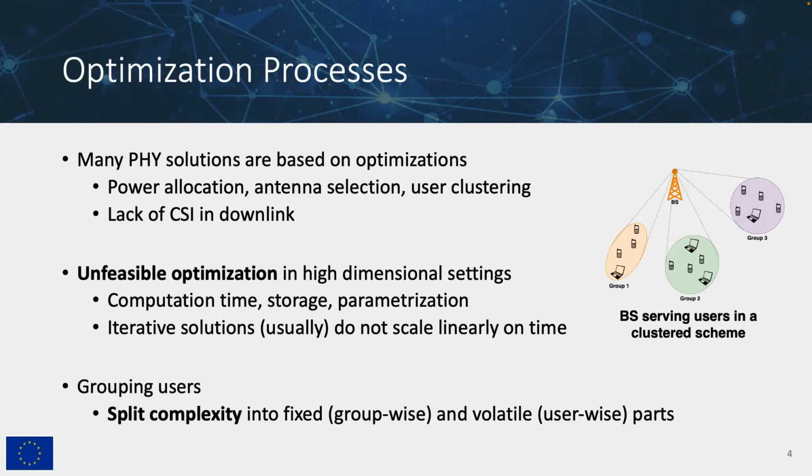Apart from that, other solutions usually rely on optimizations, for instance power allocation, antenna selection, user clustering, or pilot allocation, as someone mentioned before. But these optimizations take longer when you increase the number of elements. If you increase the number of antennas, users, or base stations, those solutions are often unfeasible due to computational time, storage, parameterization, and iterations.